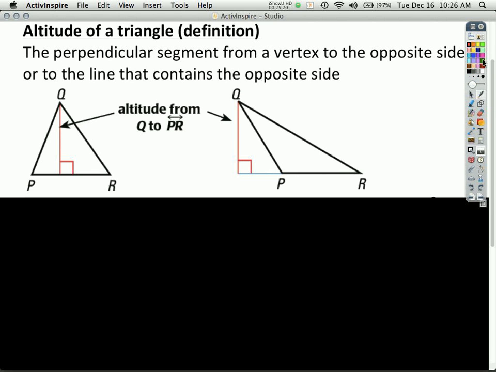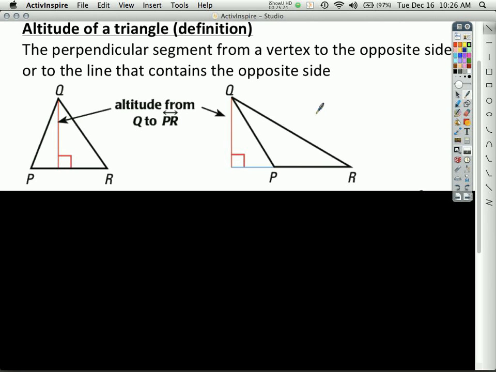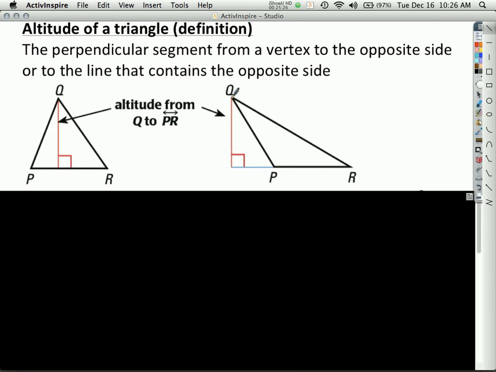Because, look at this. Let's say that I wanted to try to draw the altitude from Q to PR. So I want to draw this altitude. Well, it has to be perpendicular. That's what an altitude is. Is that perpendicular? Are any of these lines perpendicular? They're not.